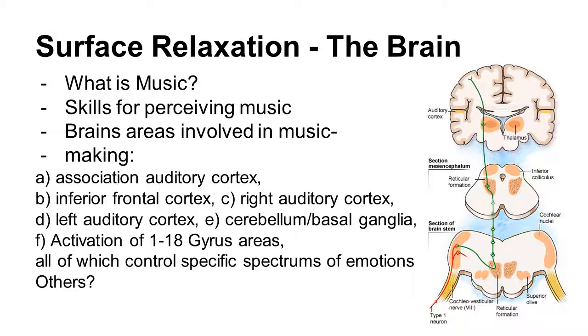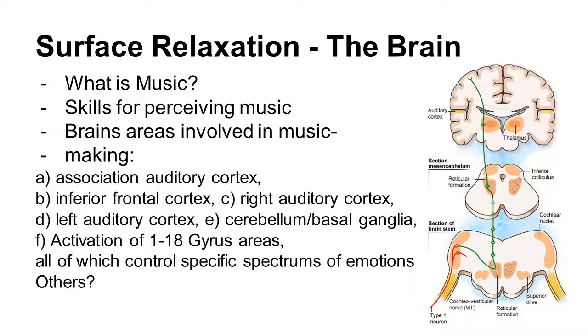And often the visual cortex is also very much involved. You also have the activation of anywhere from 1 to 18 gyrus areas, all of which control the specific spectrums of emotions. So, in other words, processing the affiliation of emotions with the sound.